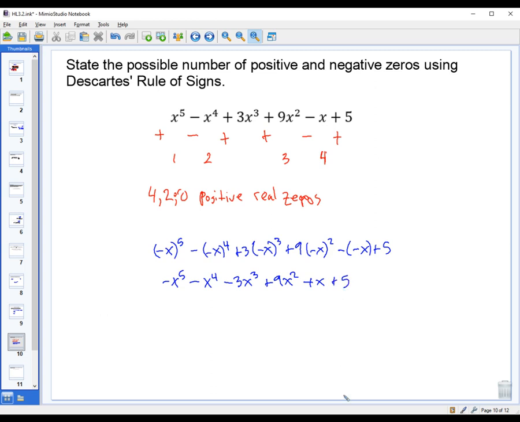Right, so now that we've plugged in the negative x for all the x's and we've simplified our function, we can see that these are all negative and then these are all positive. So it went from negative to positive. That is 1 sign change, which means there is 1 negative real solution or real zero.